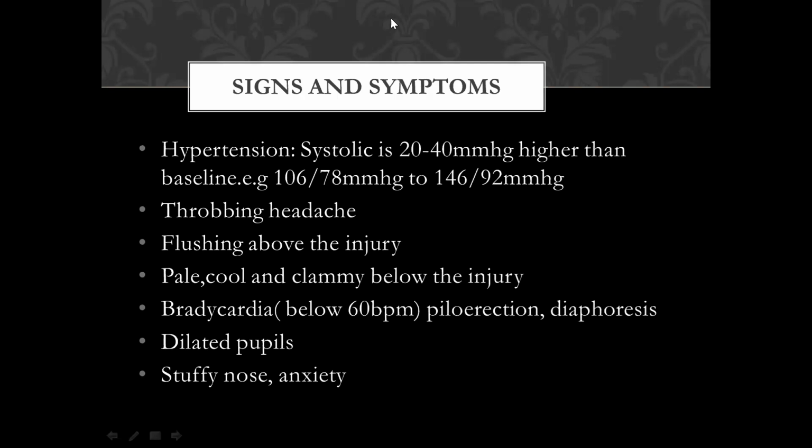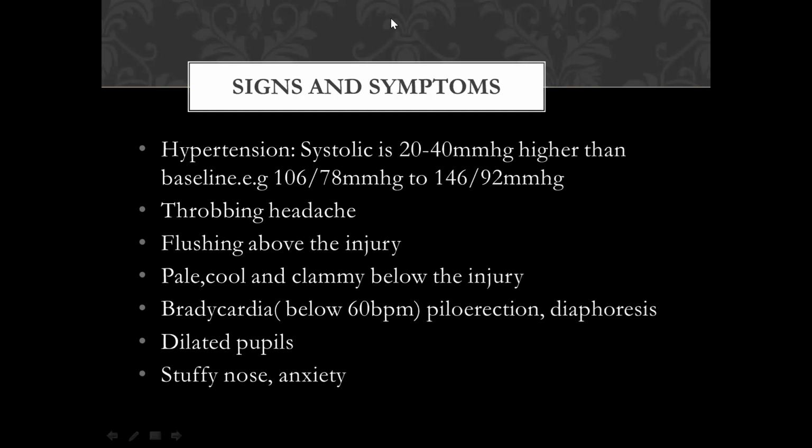Immediately there is just a slight change, like 20 to 40, you start suspecting it. It is your patient's baseline blood pressure that matters. Once you have that difference in a patient with spinal cord injury above T6, then there's a problem.